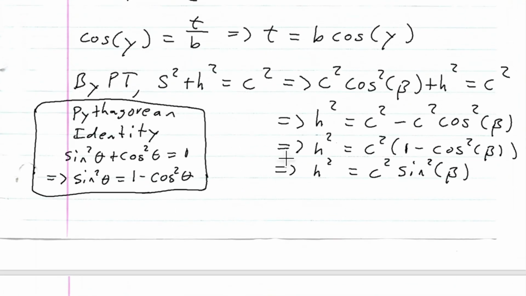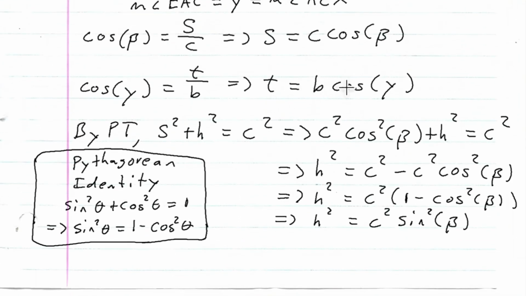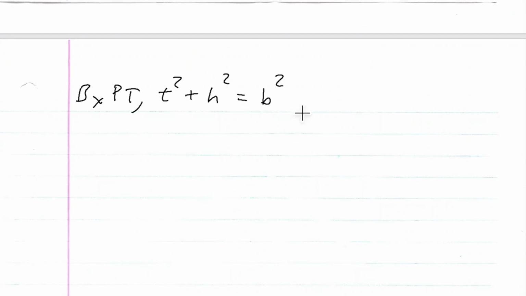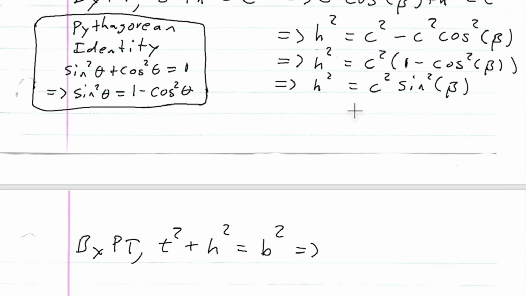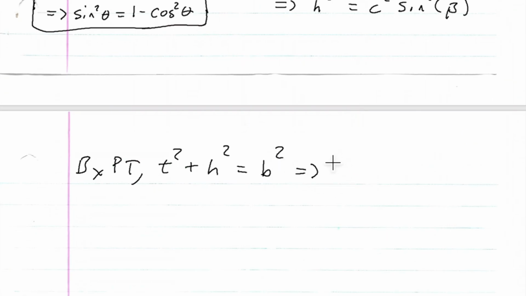I know that t is b cosine y, so this implies that b squared cosine squared y plus h squared is equal to b squared. Of course, I can do the same argument.